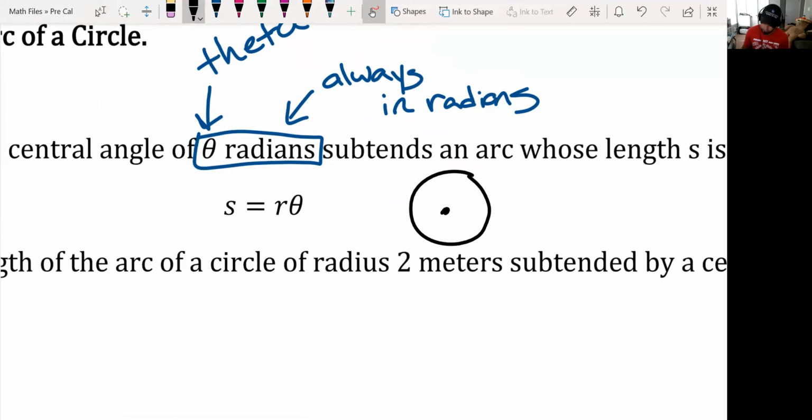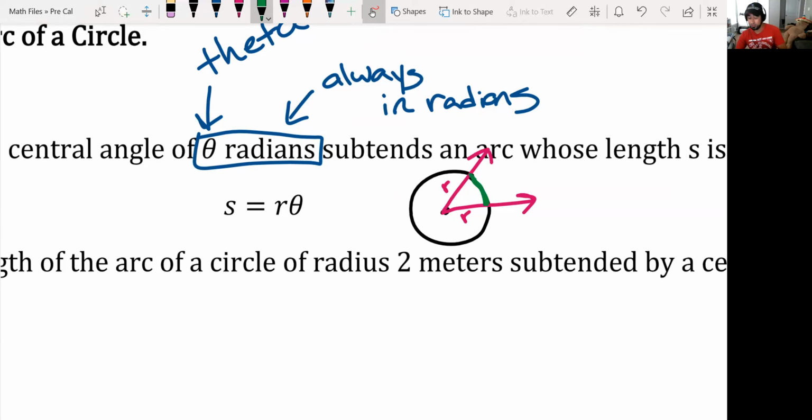Here's our center, and we have the rays of the angle that intersect the circle, and we are given the radius r, and our goal is to find the length of this arc.